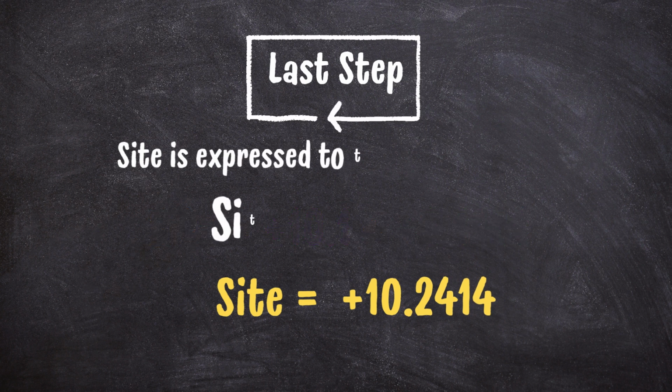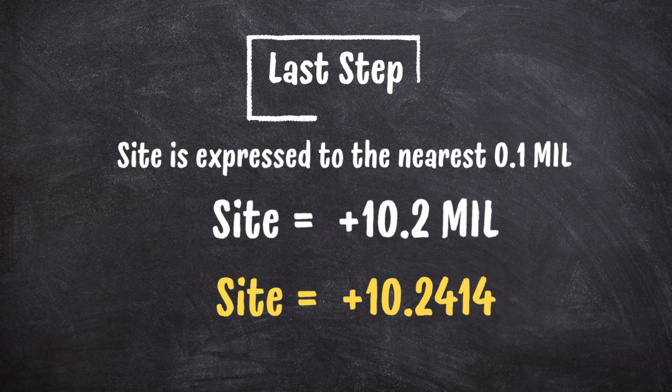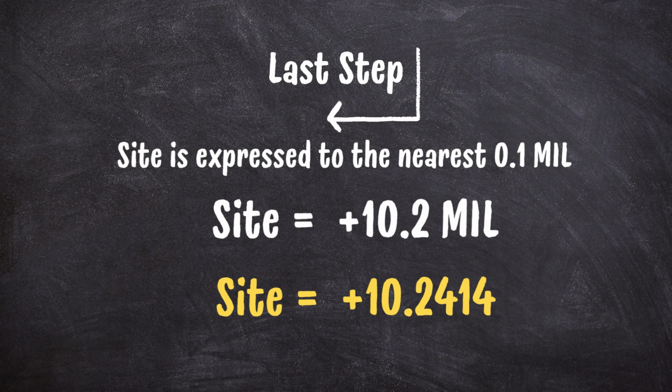For our example, sight is equal to angle sight, or positive 10.1, plus complementary angle of sight, or positive 0.1414, giving us sight equal to 10.2414. However, sight is expressed to the nearest 0.1 mil. Sight expressed to the nearest 0.1 mil is 10.2.